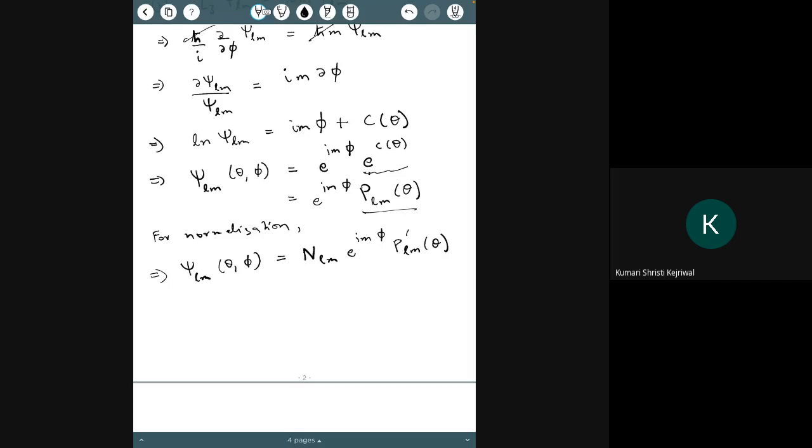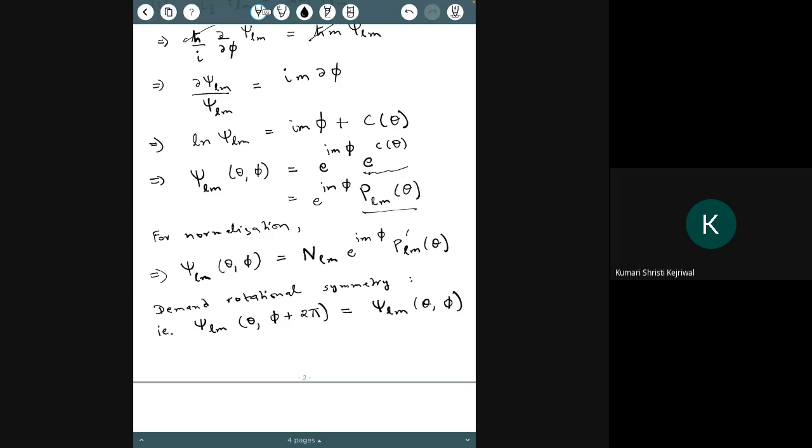And if we demand rotational symmetry, then what we are mathematically asking is that psi lm theta phi plus 2 pi should be equal to psi lm theta phi.